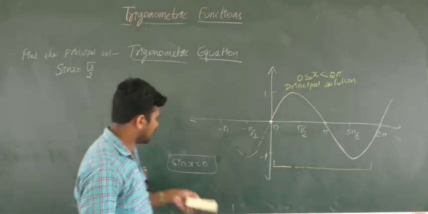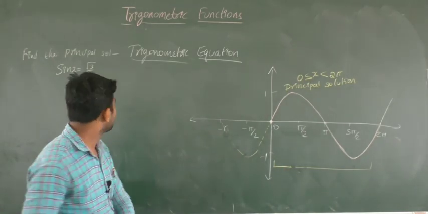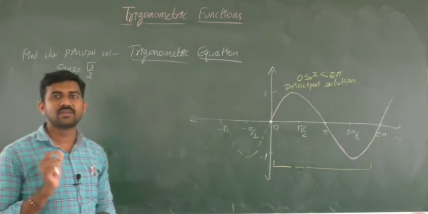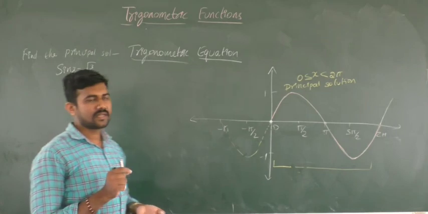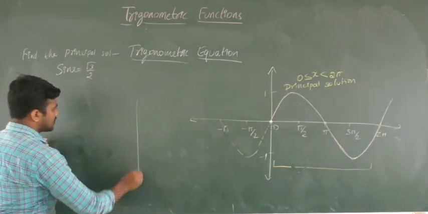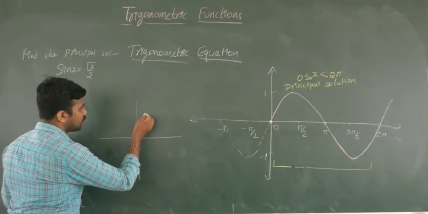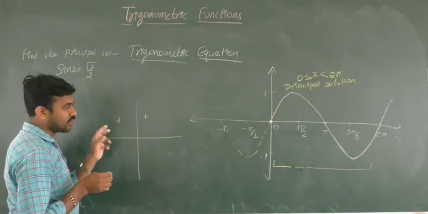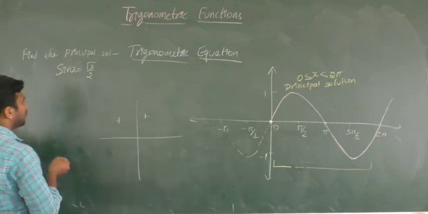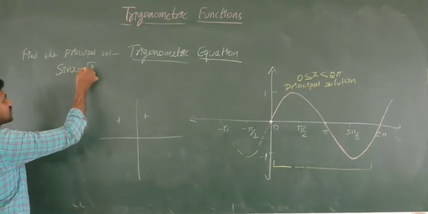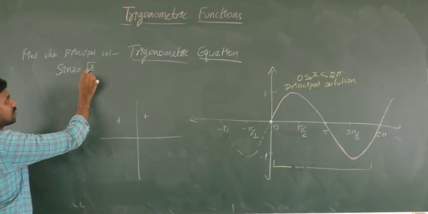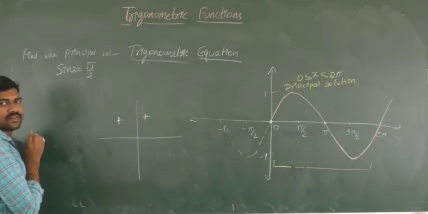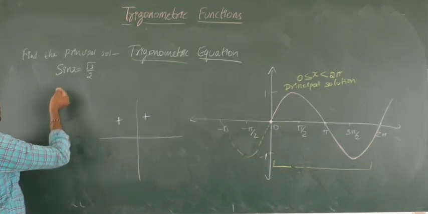Now similarly, sin x is equal to root 3 by 2. First you have to see when sin takes the value root 3 by 2. Sin takes positive values in the first and second quadrants. Since sin x is plus root 3 by 2, the solutions must be in the first and second quadrants.